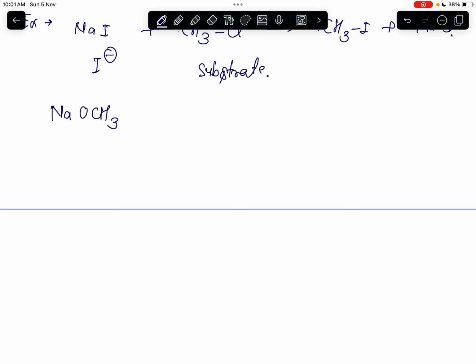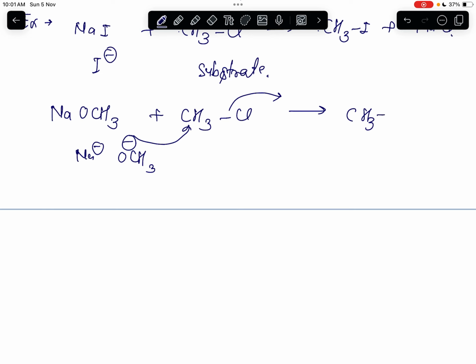NaOCH3 and again the substrate is the same. Here the nucleophile is OCH3 minus, it will attack and the C-Cl bond will break, so an ether will form. These are the nucleophilic substitution reactions.